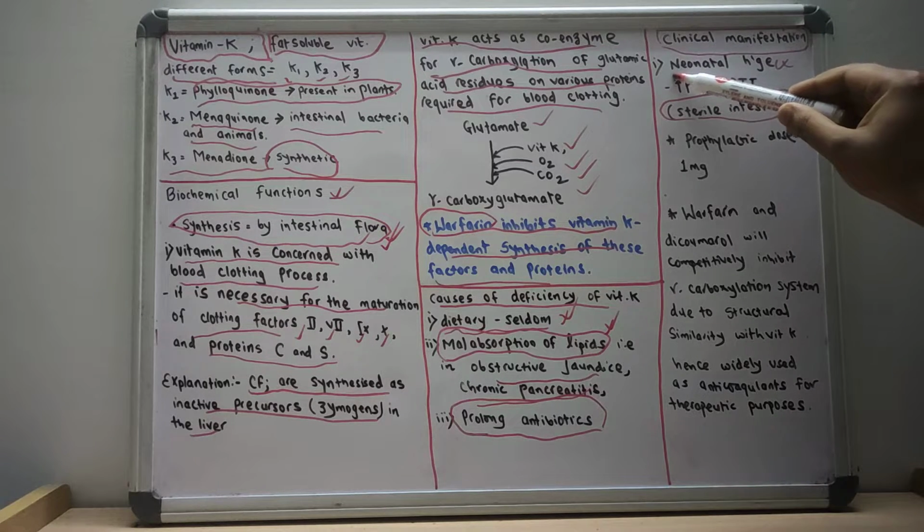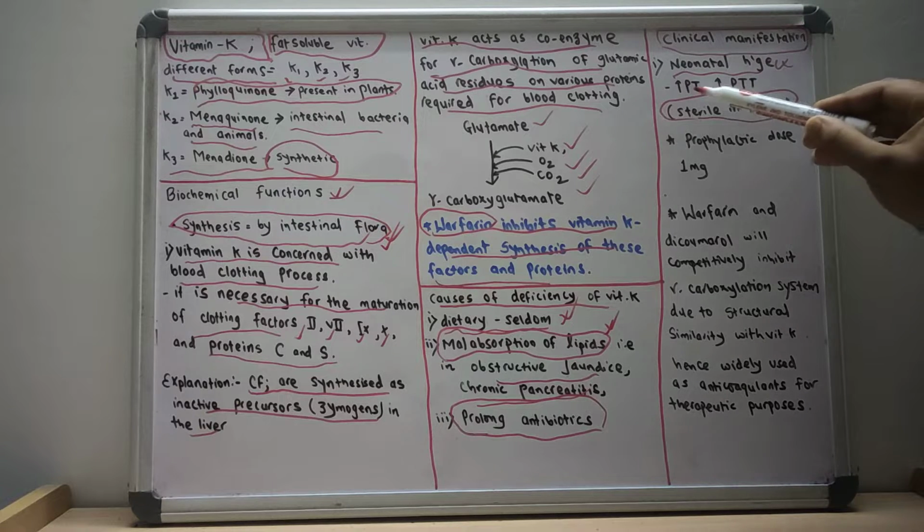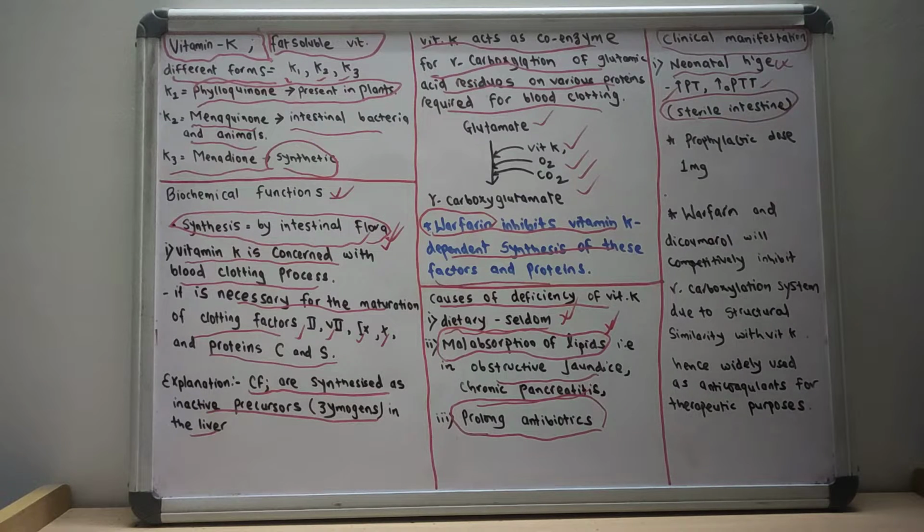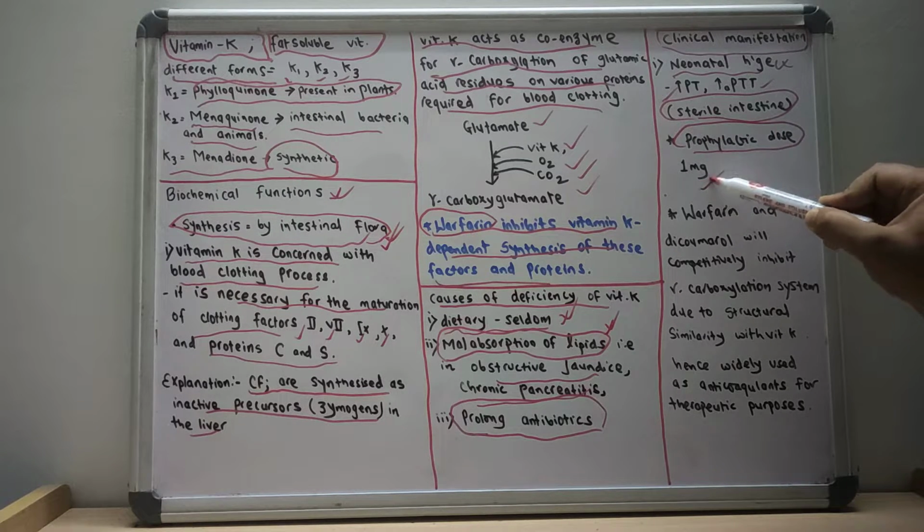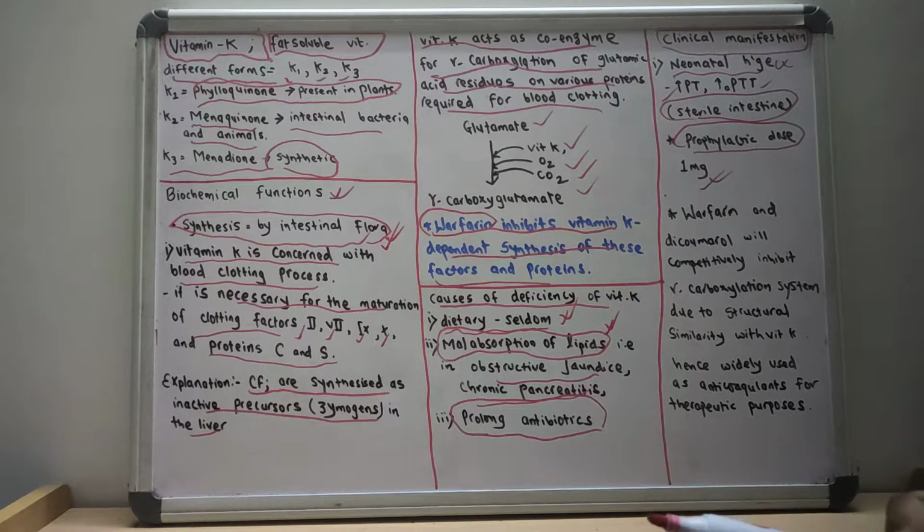So neonatal hemorrhage will be the manifestation. There will be increased prothrombin time and increased partial thromboplastin time, and we can give a prophylactic dose of 1 mg intramuscular of vitamin K to newborn neonates to prevent neonatal hemorrhage.